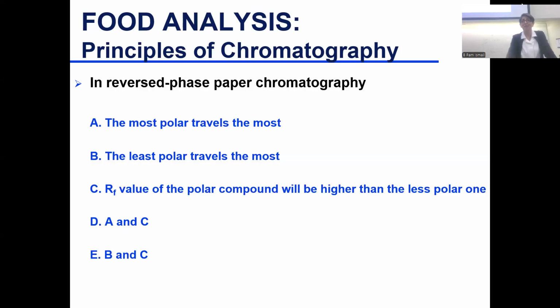Yes. A and C, very good. So in reversed phase, your mobile phase is polar. So polar compounds will move faster than the nonpolar compounds, so they will travel the most. And then the RF value will be higher, because RF is the distance moved by the compound over the distance moved by the solvent. So A and C is correct.